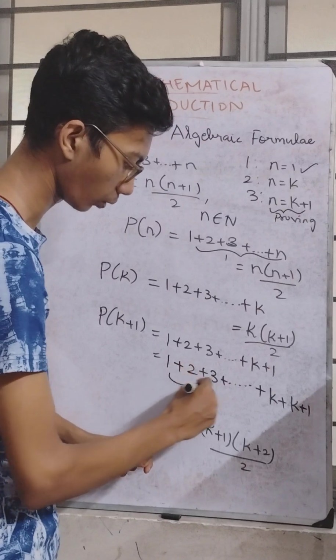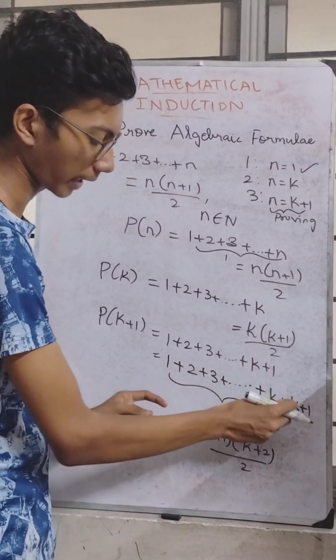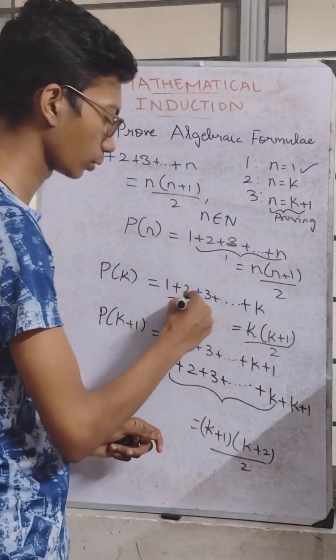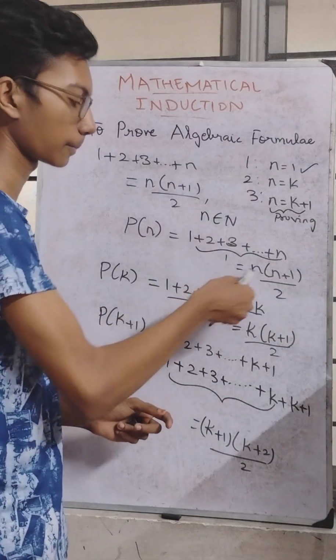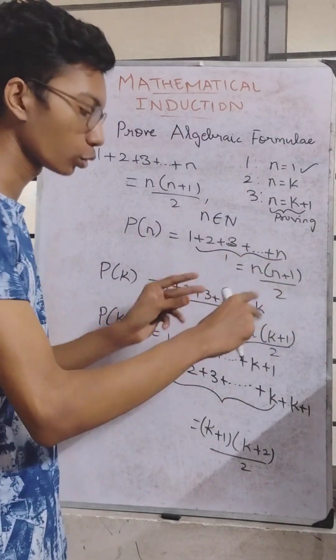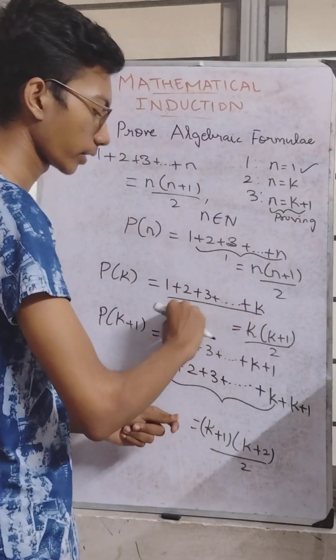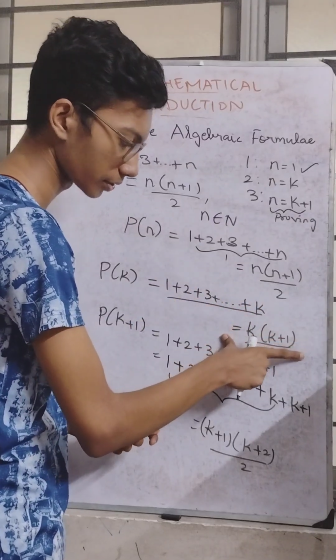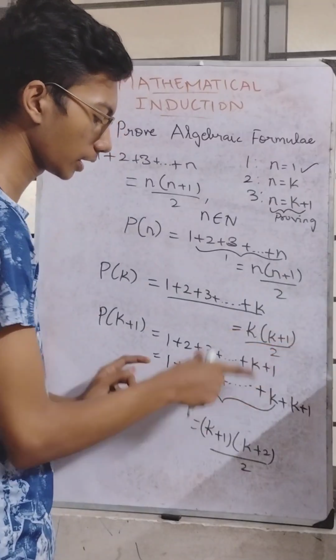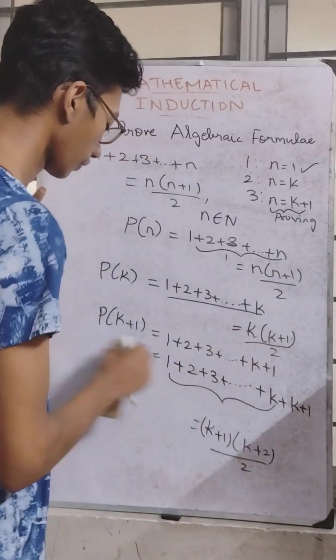So here we have 1 plus 2 up to k. This we know is the value here because we have assumed P of k, that is 1 plus 2 plus 3 up to plus k, is true for n equal to k. So since this equals this, we can substitute the value of this here. So that's the first step.